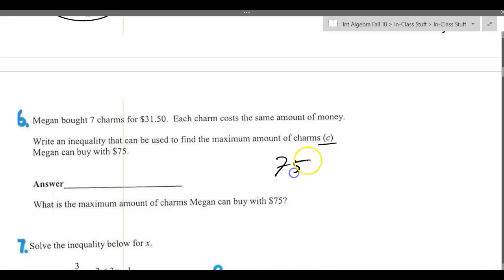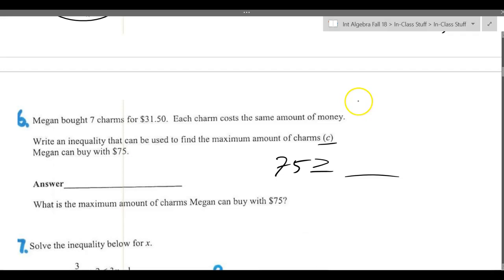So she can only spend $75, so I'll put $75. She can't spend more than that, so however much she spends has to be less than or equal to that. That's a good place to start. 75 is the most she has. So whatever is over here cannot be bigger than 75, so it has to be less than or equal to 75.